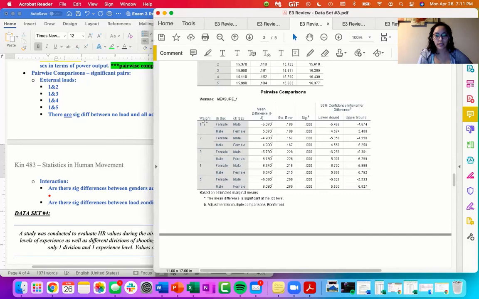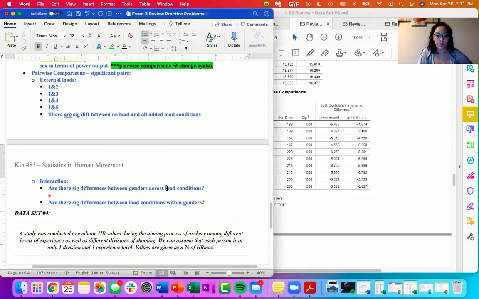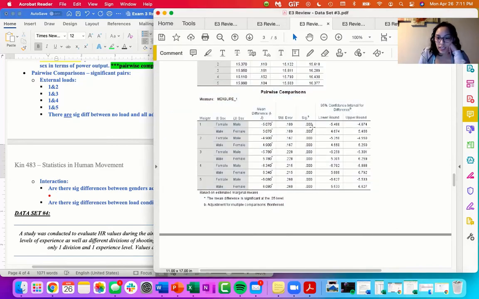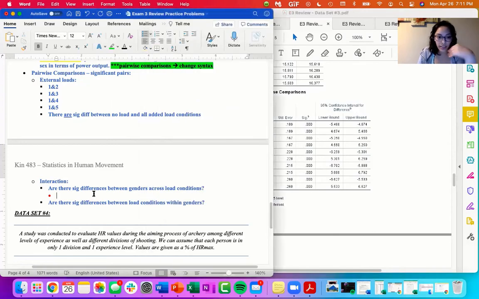So this one is looking at the differences between male and female, but within each of the weight conditions. That aligns with this first one here. This is a good example of where all of our pairs are significant, and you can write that. All pairs are significant.